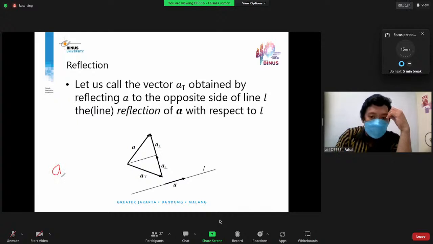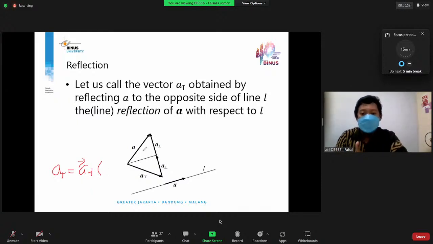The reflection of A with respect to the line L is A plus the opposite of the rejection, because the rejection goes up, and we need the opposite of the rejection.